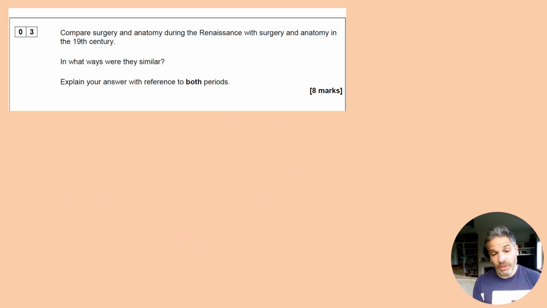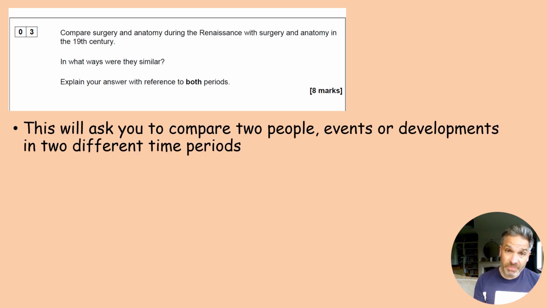So the third question is going to ask you to compare either people or events or developments, which you can see here it's developments because it's about surgery and anatomy, in two different time periods. Now, the crucial thing here will be there are four time periods.